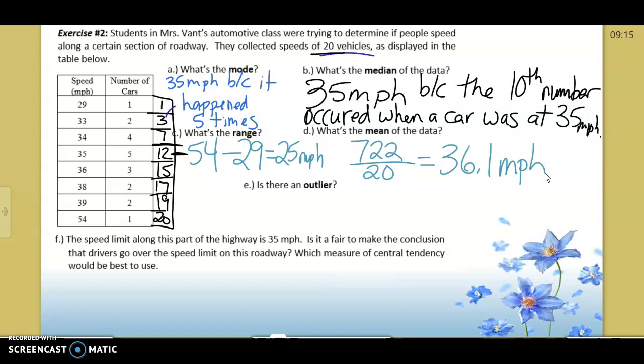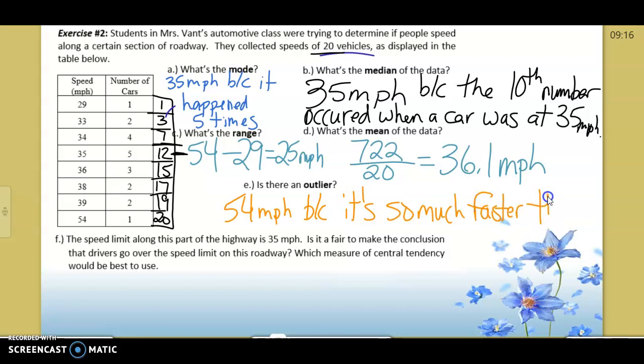What do we think? Yeah, the outlier of 54 miles an hour. So there was one car going 54 miles per hour because it's so much faster than the rest.